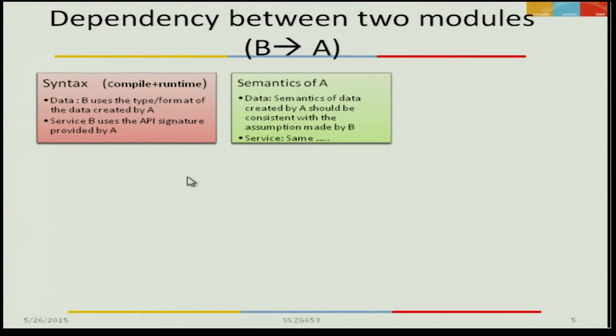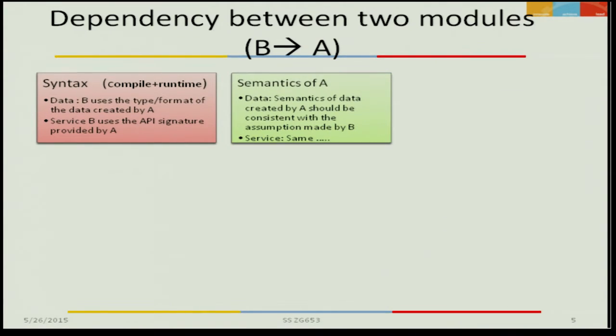Semantics of A is another type of dependency. Here there could be data semantics or there could be service semantics. They are more or less the same, but let's look at this. So data semantics means that B makes some assumption and B is using some data that's created by A, and that data has a certain semantics.